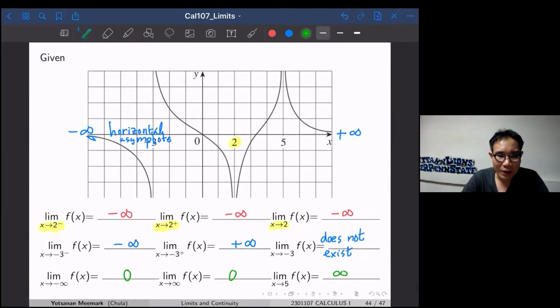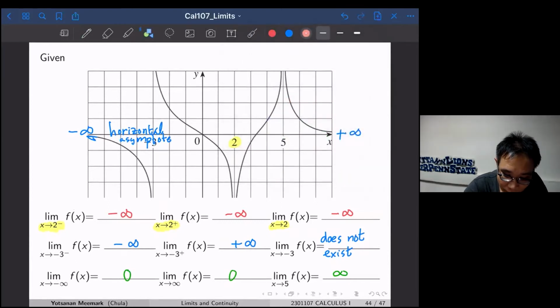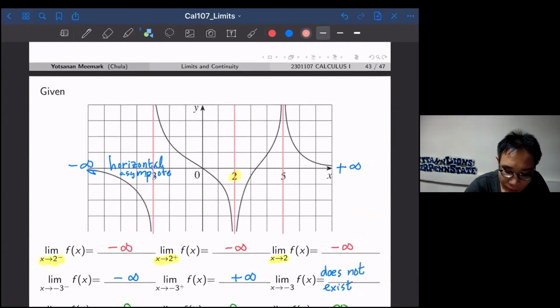So another thing that I want to mention: if you look at this line, and this line, and also this line, they have something in common. This is the thing that we call a vertical asymptote.